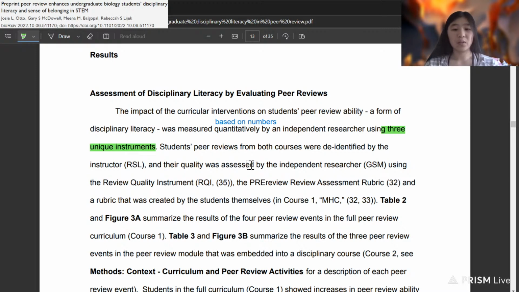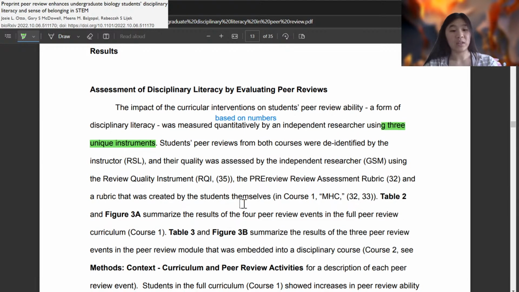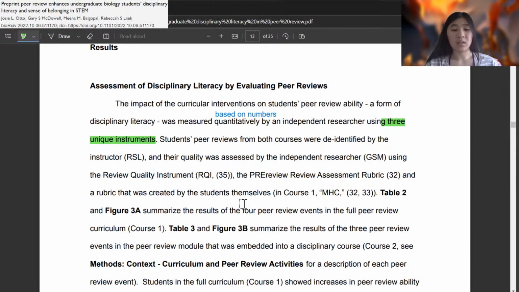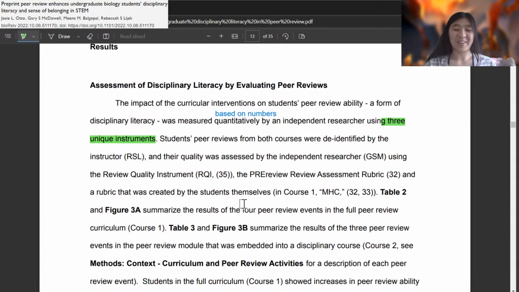Students' peer reviews from both courses were de-identified by the instructor, and their quality was assessed by the independent researcher using the Review Quality Instrument, RQI, and all of these acronyms were discussed in the methods section. So if you want to know that, watch my previous video on the methods.